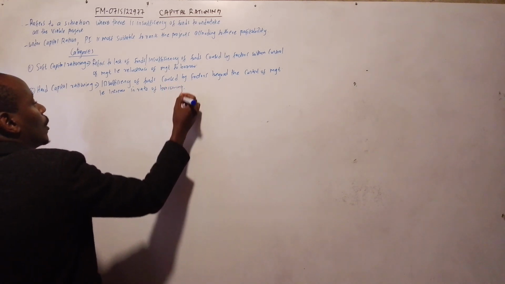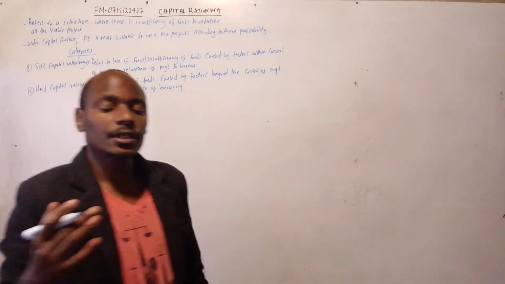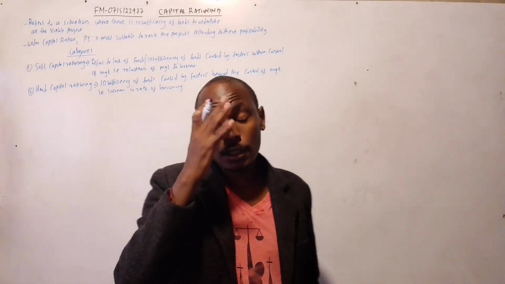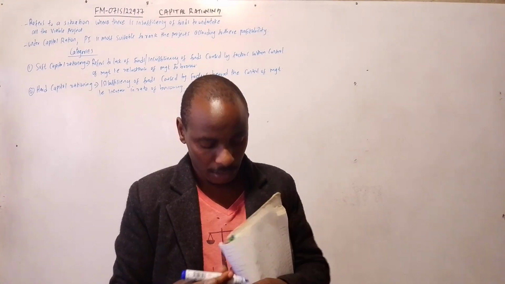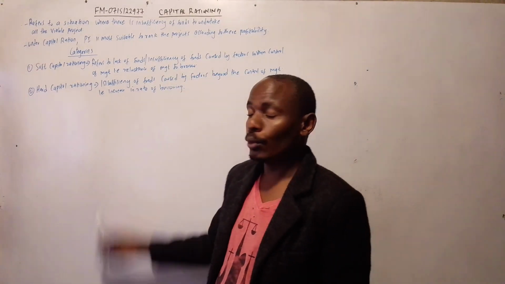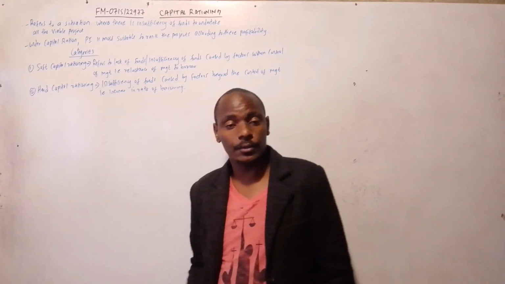When the interest rate increases, the cost of borrowing also increases. The management cannot control the interest rate in the market; that is caused by the market itself. So they cannot borrow because of the cost of borrowing, and we call it hard capital rationing.